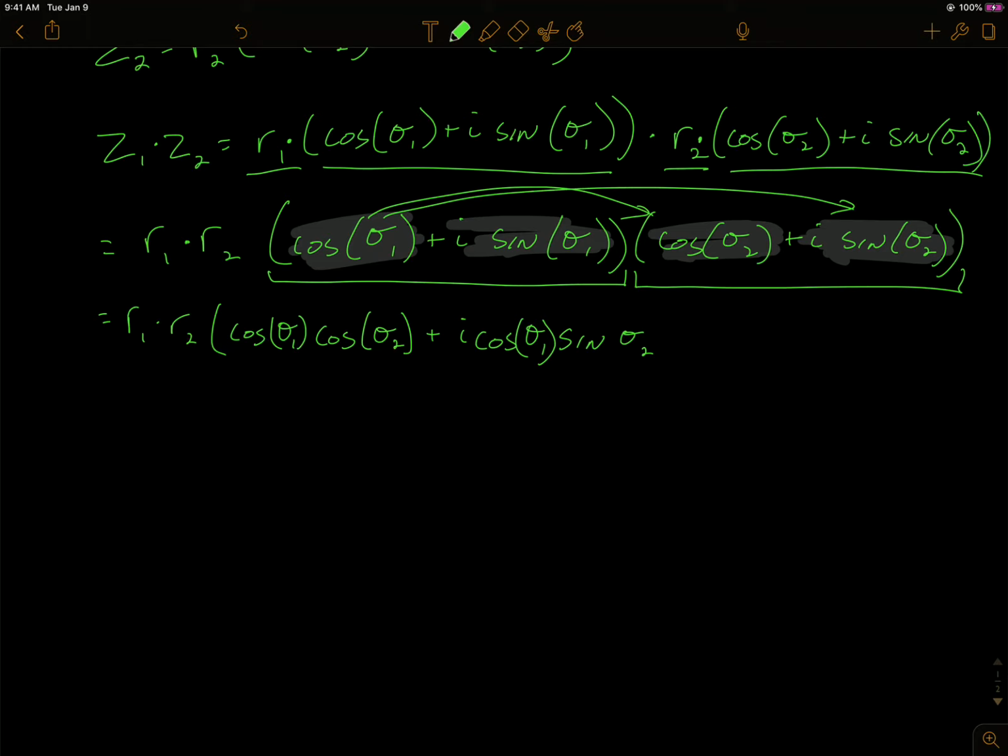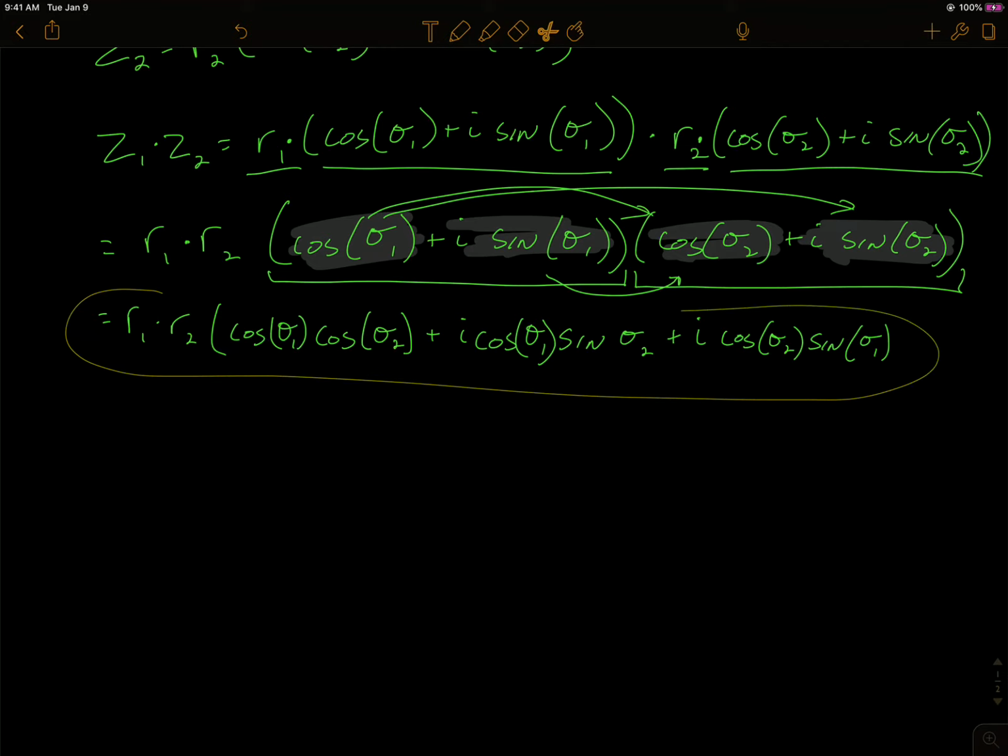Now I'm going to distribute the sine of theta sub 1. There's an i with it, so it's going to be i, and I'll write the cosine first: cosine theta sub 2 times sine theta sub 1. Let me move this over, buy a little more room.